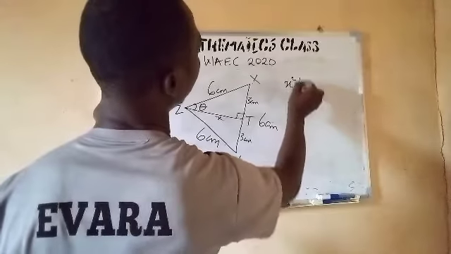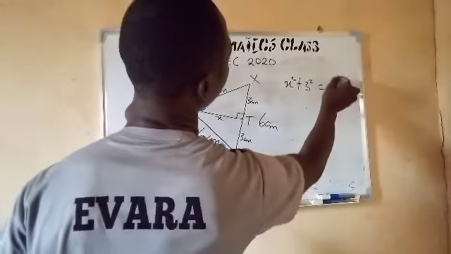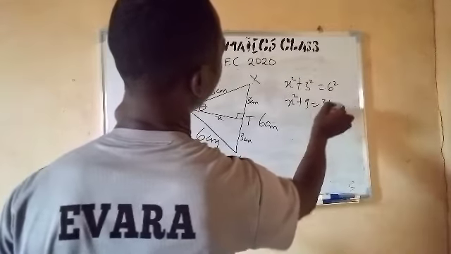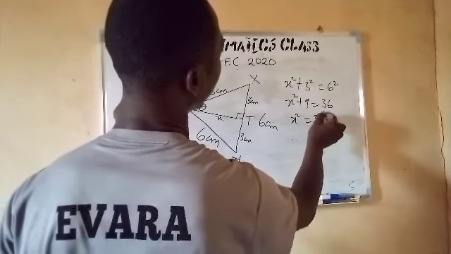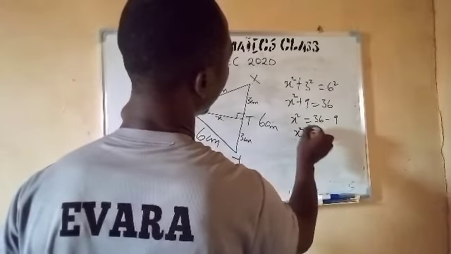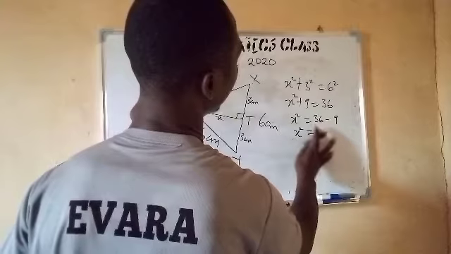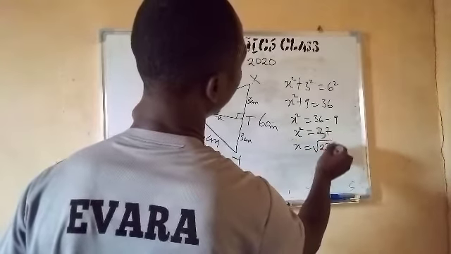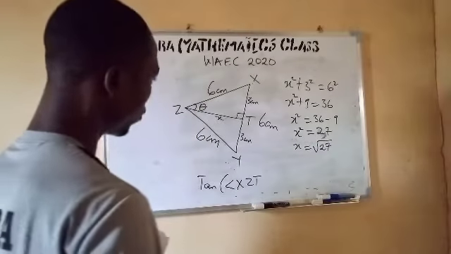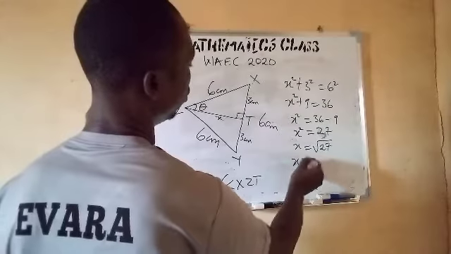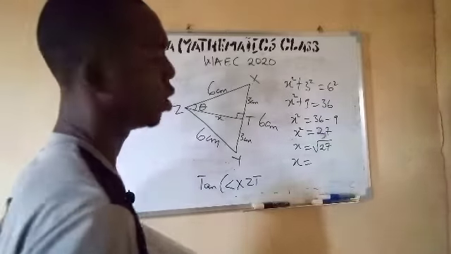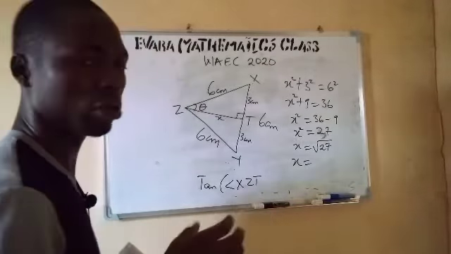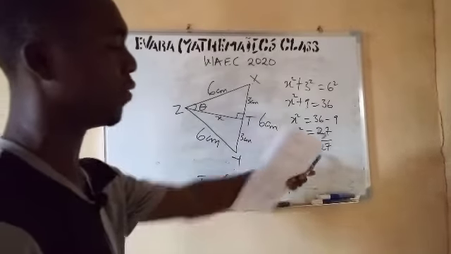x squared plus 3 squared equals 6 squared. So x squared plus 9 equals 36. x squared equals 36 minus 9. x squared equals 27. So our x will now be the square root of 27. 27 is not a perfect square, so we have to see if there is any perfect square that can divide 27.